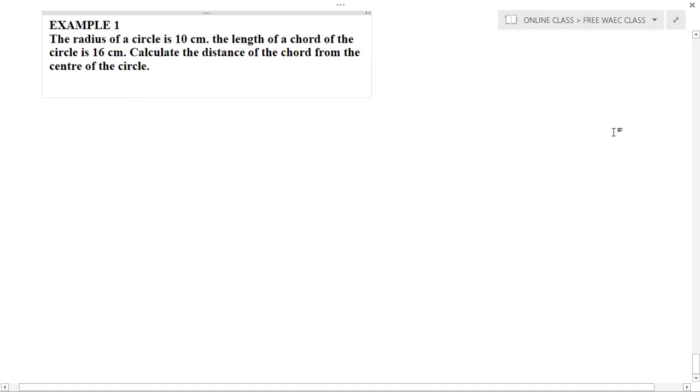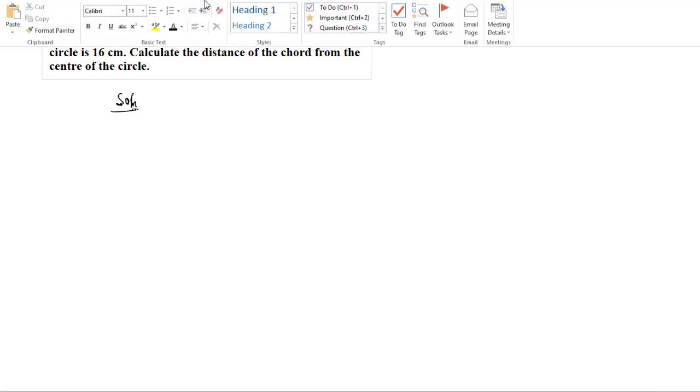So to solve this, it's very simple. Just go straight to draw the circle. Solution to number 1. To draw the circle, you have to draw the circle first.